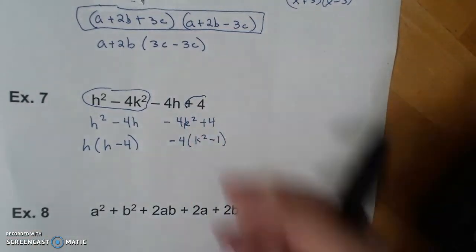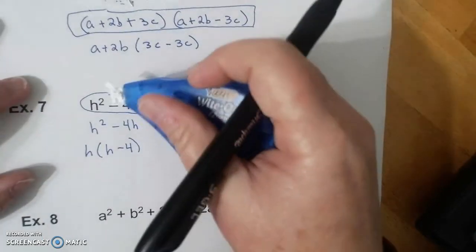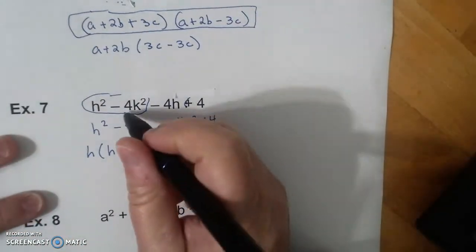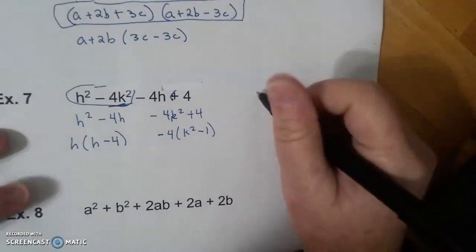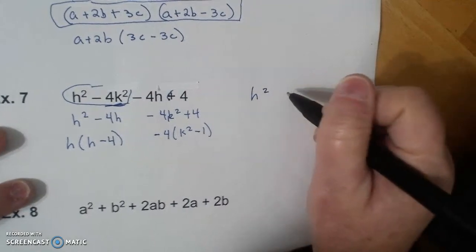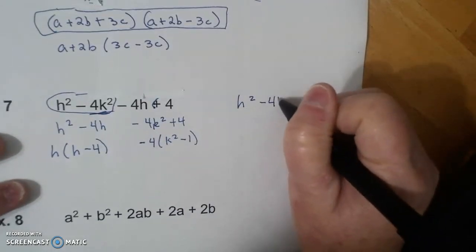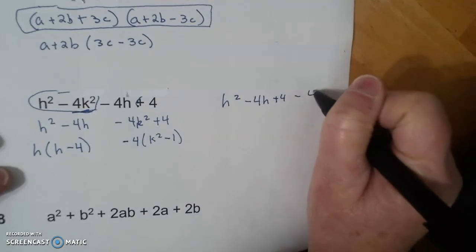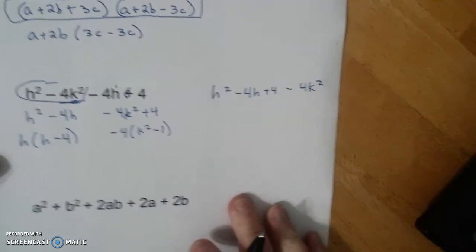No, I'm not. Sorry. I'm going to group the h's, and I'm going to leave that one by itself. So I'm going to rearrange it and go h squared minus 4h plus 4 minus 4k squared.